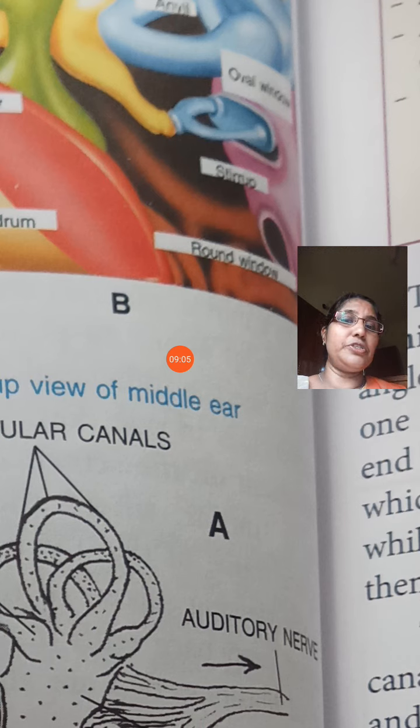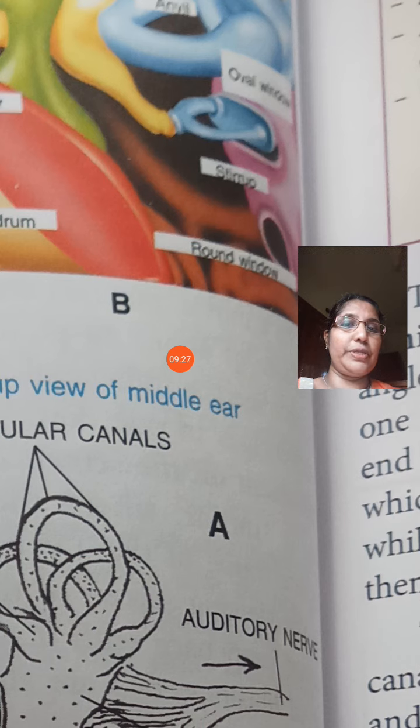That portion is known as the oval window. An oval shaped part you can see that has a base-like portion for the last bone, and it is touching the inner ear by the part known as the oval window. Then there is another window, the round window.